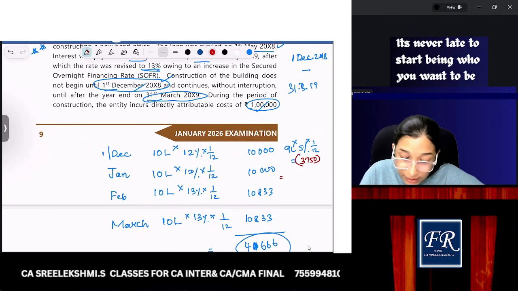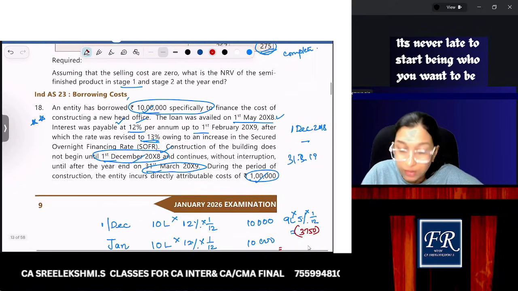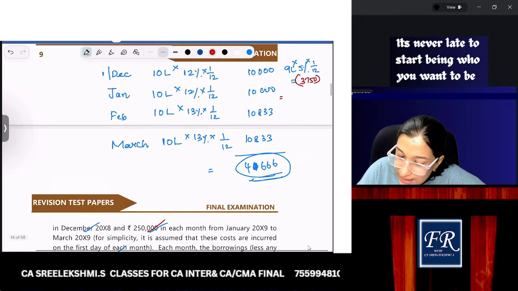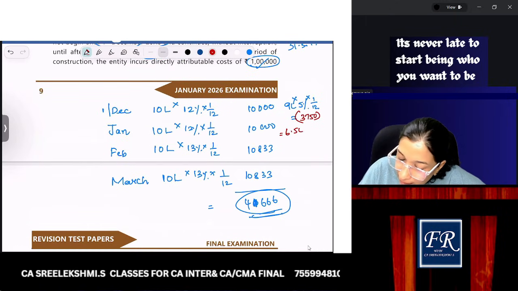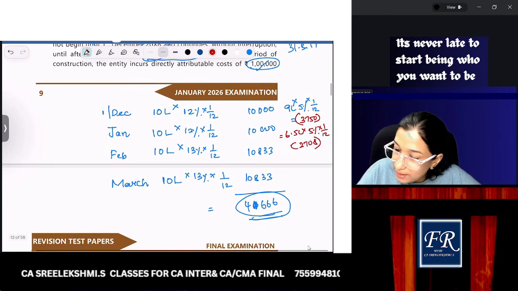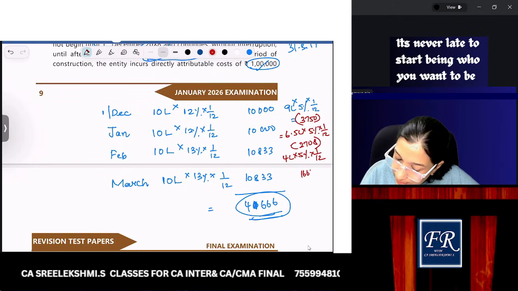Then January, what they're telling, 2 lakh 50 is used, which means 9 lakhs minus 2 lakh 50, 6 lakh 50 is invested and I got 5% interest for 1 month, 2708. And February again 6 lakh 50 minus 2 lakh 50, 4 lakhs into 5% into 1 by 12, 1666.